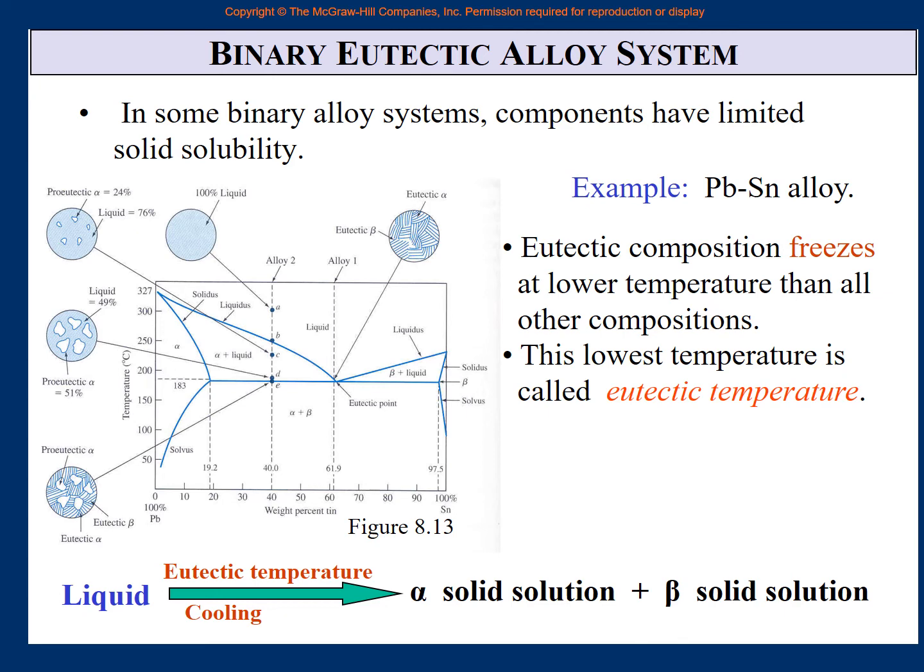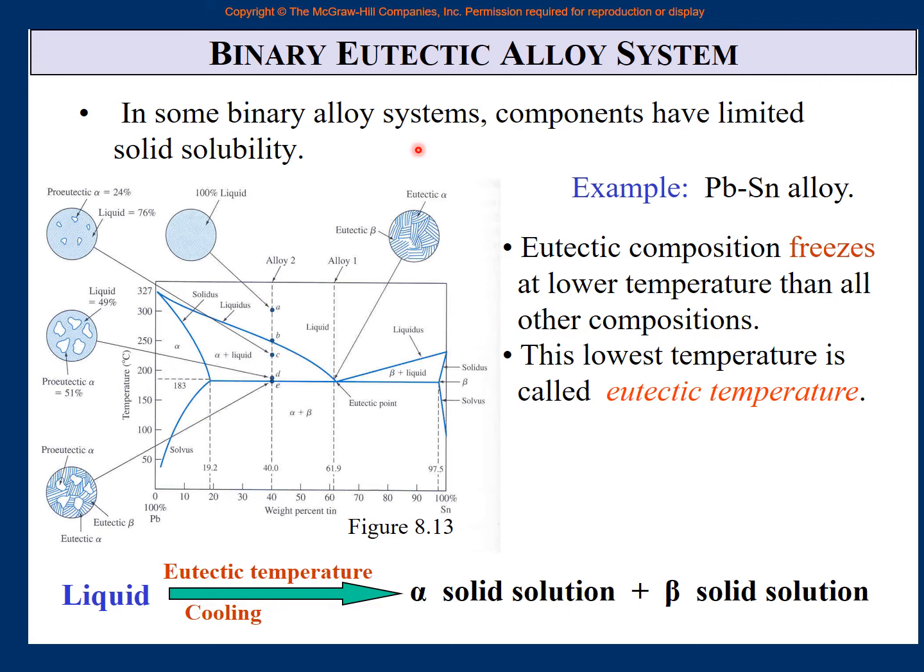And once it is completely solidified, there is only one solid phase, so it is isomorphous. This time we again have a binary system, so we will have two metals or one metal and a non-metal in the alloy system, but it is not isomorphic. It is a term called eutectic alloy system.